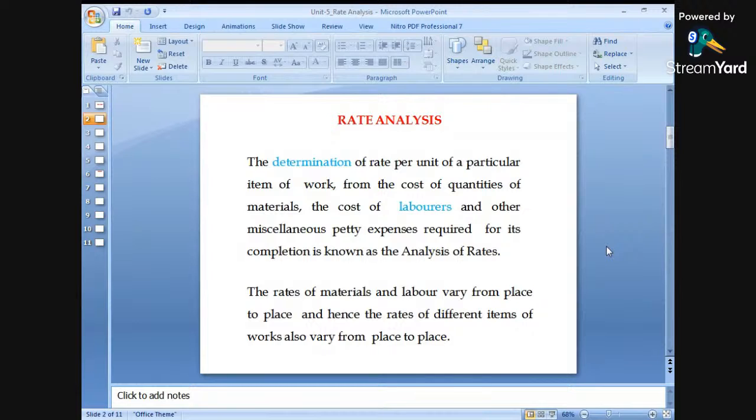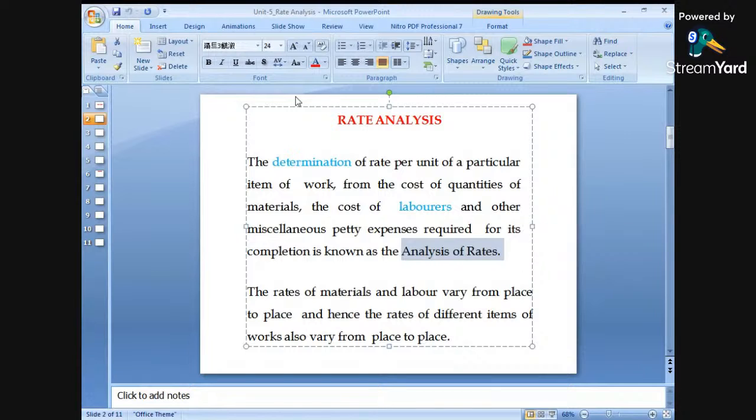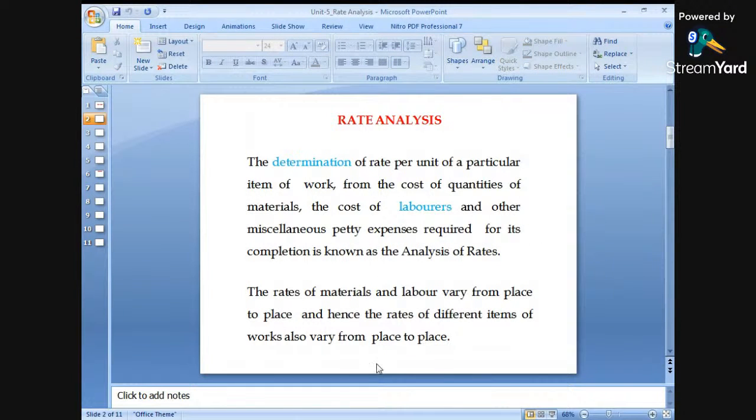Then the next thing is we have to find out the cost of the labor, and what are the different types of labor required for executing the particular type of work. So labor required, and the miscellaneous, that is the other expenses required for completion of a project, related with the project. Okay, so this is nothing but the rate analysis.